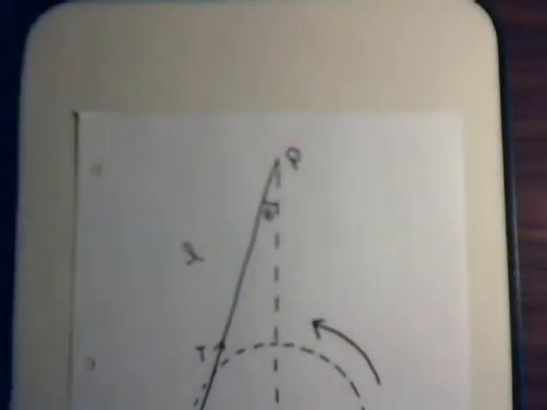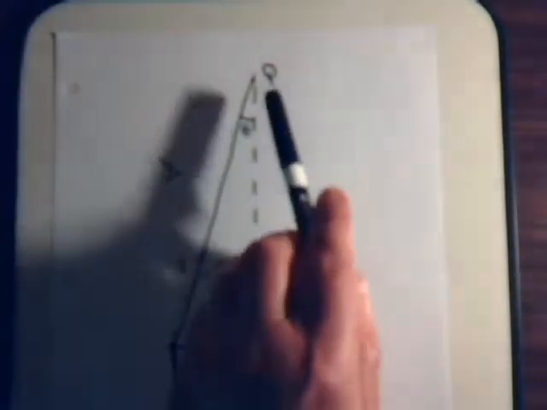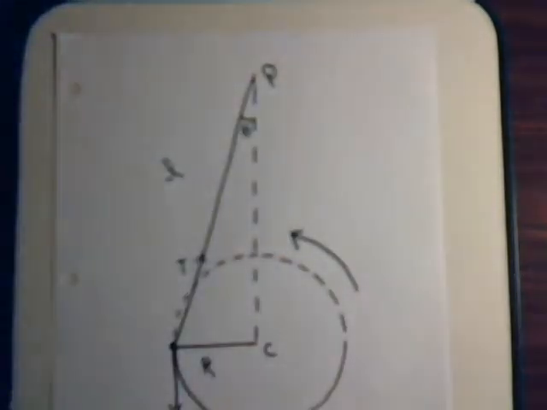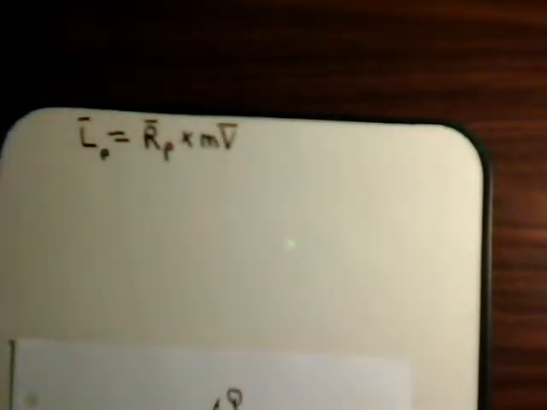Okay, so here we want to take the angular momentum of our system with respect to the point Q. Now we know in general that the angular momentum with respect to some point, say P, is equal to some position vector for that point P, then take the cross product of it with the momentum at that point.